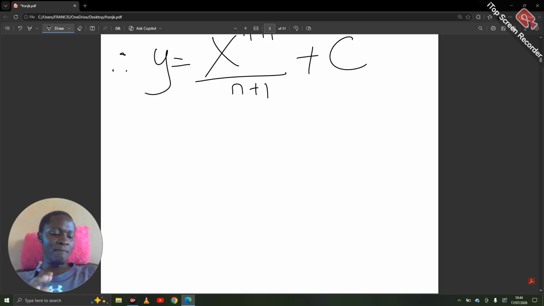Before we do those questions, you must know that 80% of integration questions are always curves.